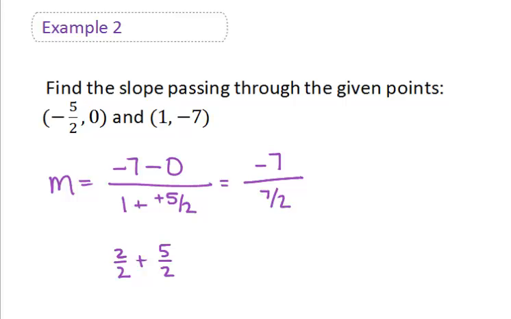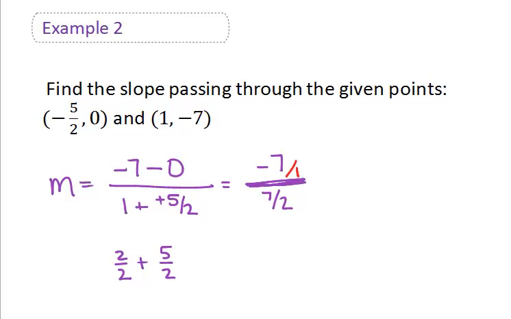Now this is not the most simplified version. This is a complex fraction, which means fractions inside fractions. If we want to simplify this further, maybe we want to write both of them as fractions. So let me write the top one over 1. Then this is just a division problem. And we know how to divide fractions, it's as easy as pie. We flip the second.